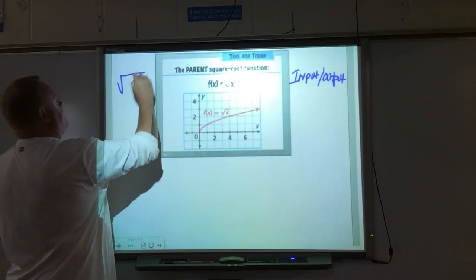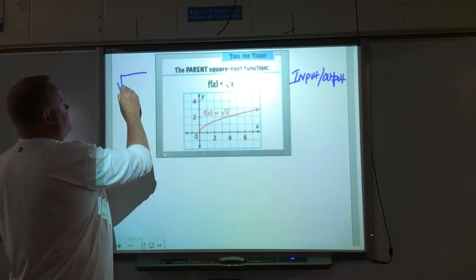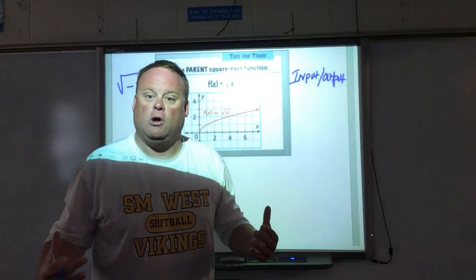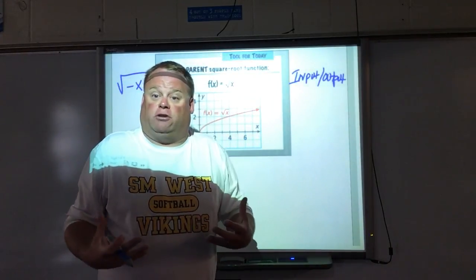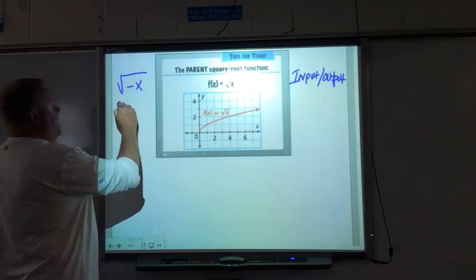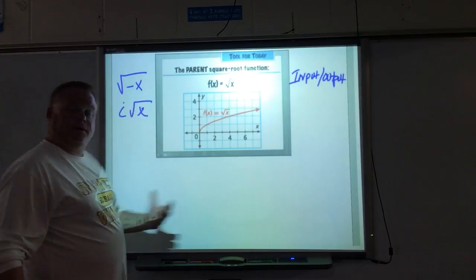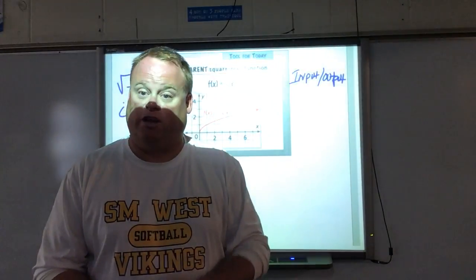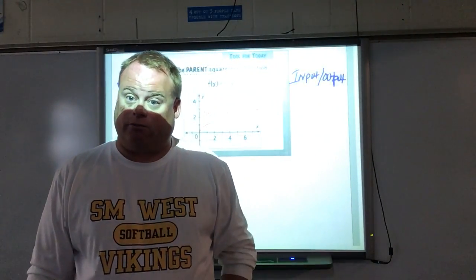If I have a radical and a negative, let's say negative x, what happens? Well, remember, it becomes irrational, and it ends up being an i out front to be able to pull that negative out. So we can't have negatives underneath the radical. That's the first thing to remember.